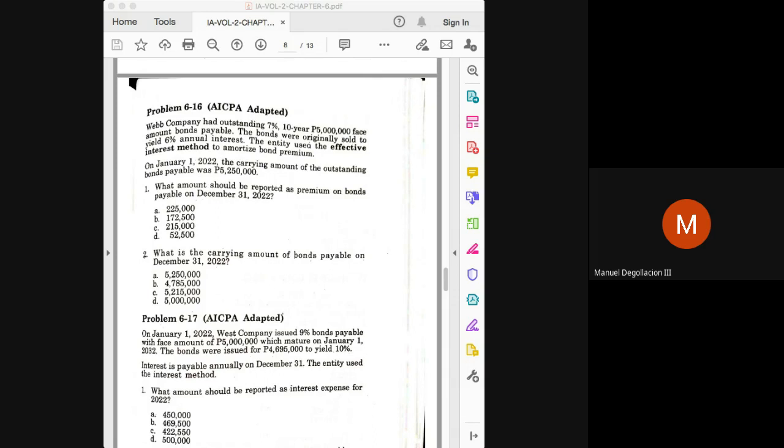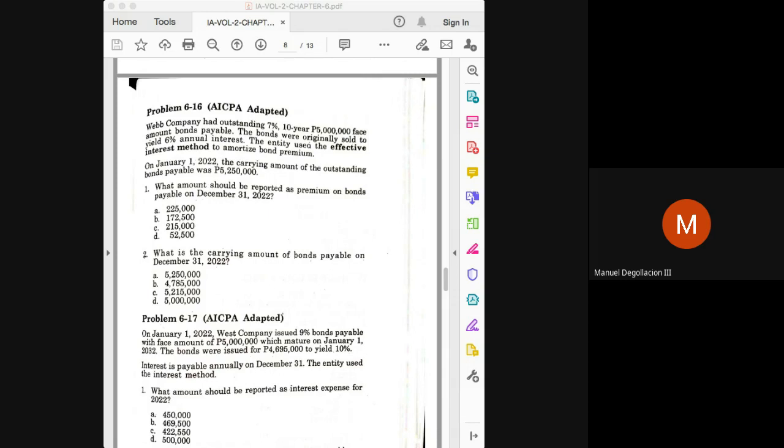Now, there is somewhat of a difference as to the approach, class, because if the problem uses the effective interest method, the easiest thing to solve would be the interest expense, and you will need the interest expense to get the amortization.